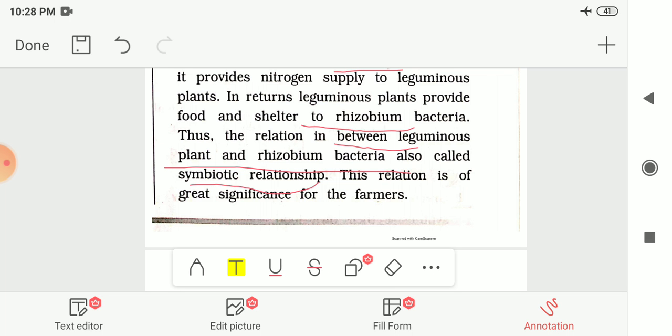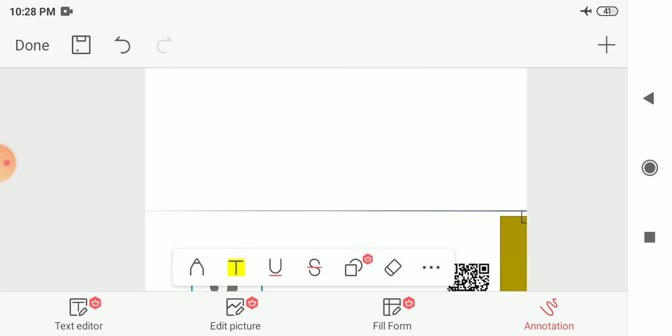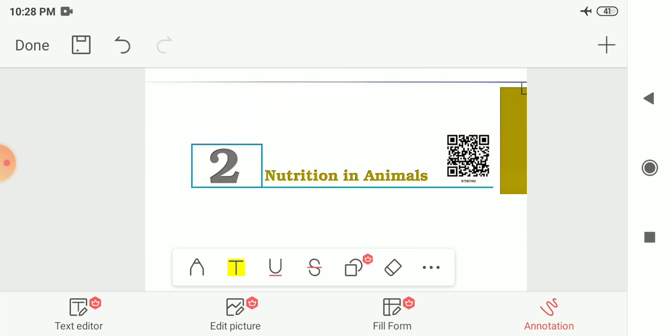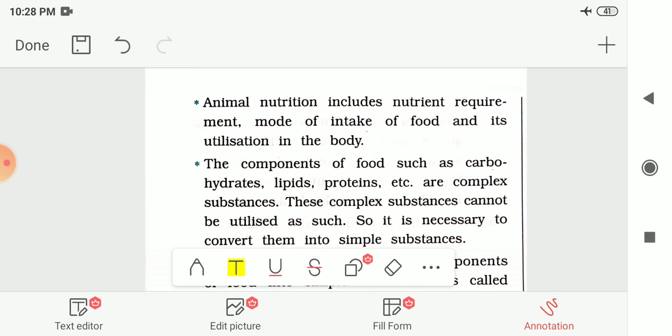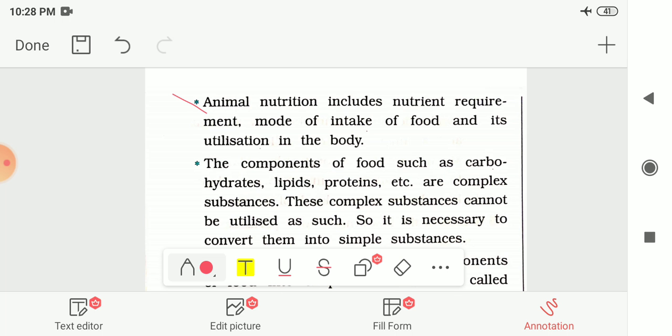So these are the things we had seen in the first chapter, that is nutrition in plants. Now the next chapter, chapter number 2, is nutrition in animals. In this chapter we had seen that animal nutrition includes nutrient requirement, mode of intake of food and its utilization in our body.